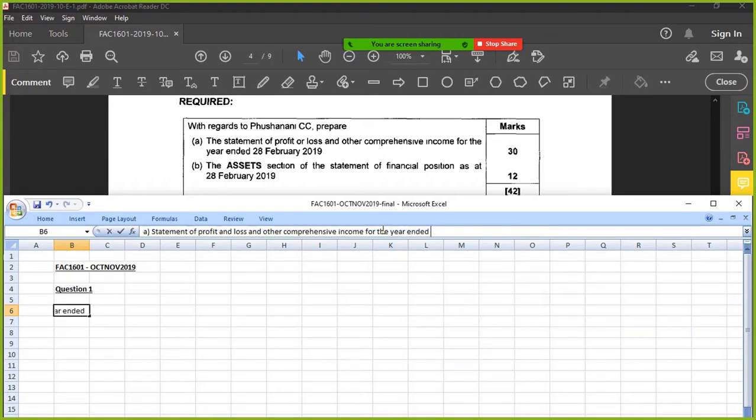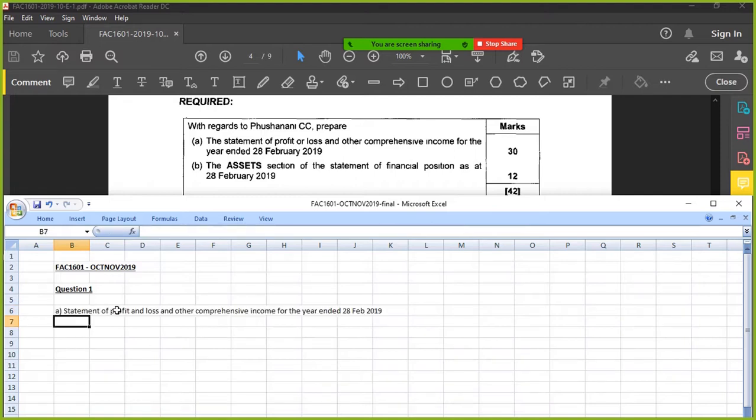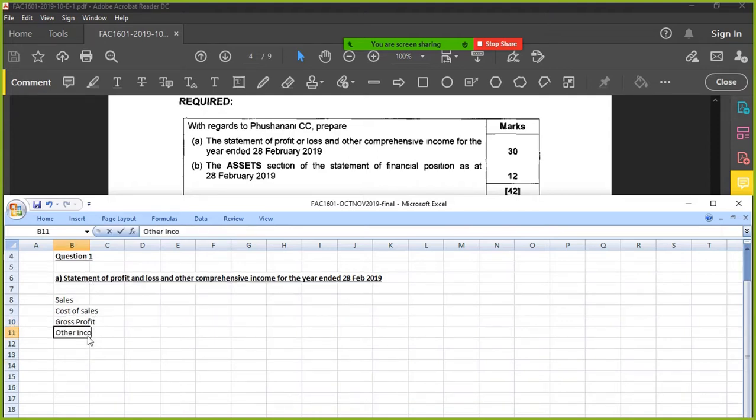What's the year in? 28 Feb. Okay, there we go. And then just in terms of disclosure, obviously you're going to have sales, cost of sales, gross profit. Okay, I'm just going to group it as other income.